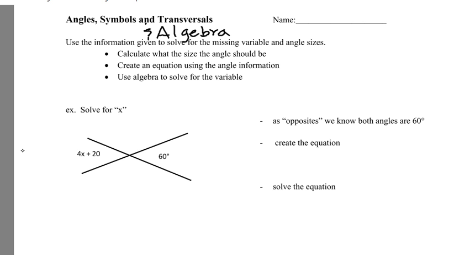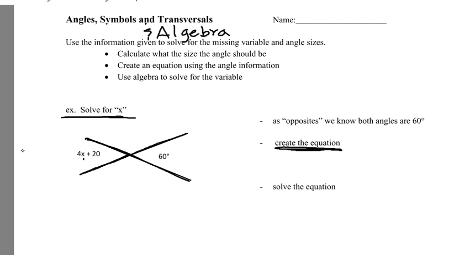What's important is we can have unknown parts tied in with angles that we've just talked about. The best thing to do is to look at the first example, where we want to solve for x. We want to know the size of the x in this angle, 4x plus 20. In order to figure out an unknown, I need a relationship to create an equation.